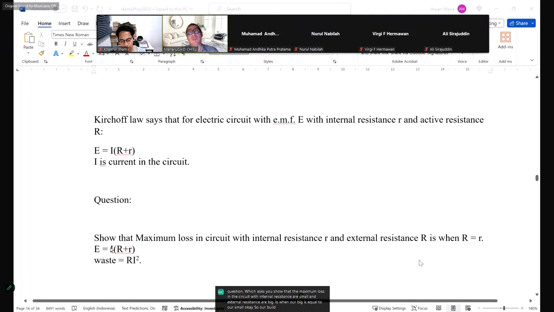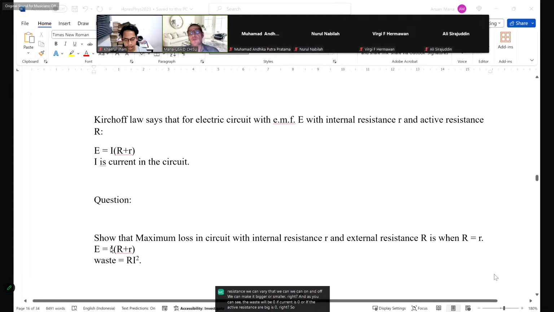R big is something we plug in. For example, your laptop, your air conditioner, your lamp, your fridge. That's active resistance. We can vary that. We can on and off. We can make it bigger or smaller, right? And as you can see, the waste will be 0 if current is 0, or if the active resistance R big is 0, right?